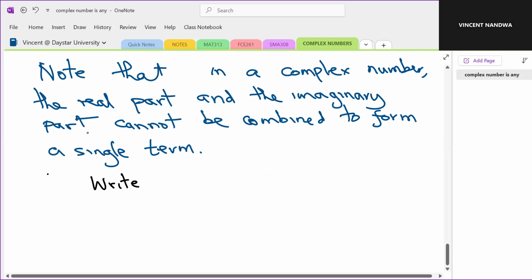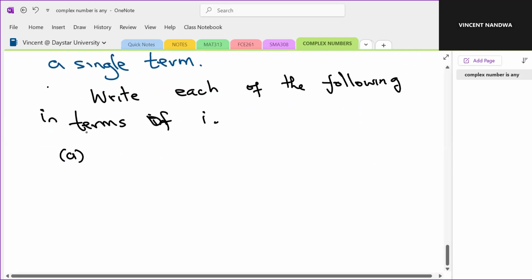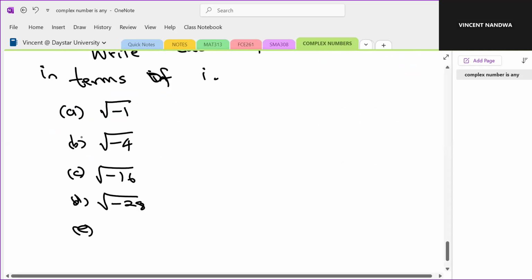Write each of the following in terms of the imaginary unit I. So for example, we have A square root of -1, B square root of -4, C square root of -16, D square root of -28, and say E square root of -64.